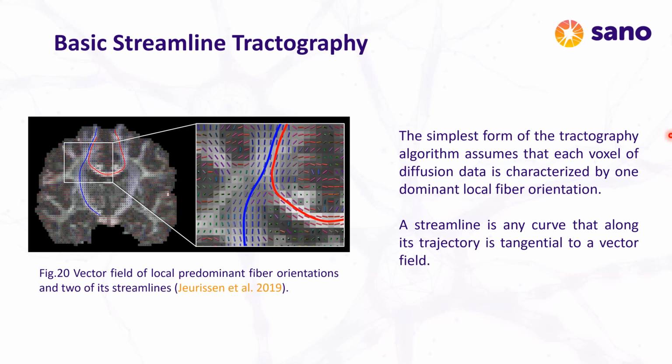The presented process of integrating local orientation into a global trajectory is often referred to as fiber tracking, and the generated trajectory is called a tract. In turn, a set of tracts is referred to as a tractogram.